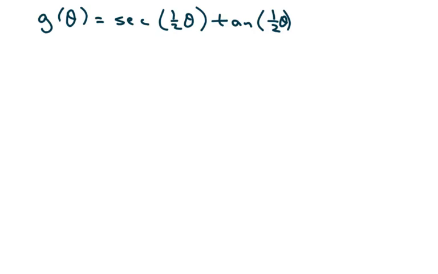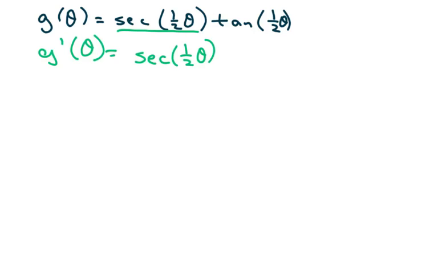This one looks a little hard, but it's not that bad. It just has fractions. We're going to take the derivative. Remember, your theta is like x, so treat it as a variable. The derivative of secant is, well, we're just going to write secant first. We're doing the product property. The derivative of tan is going to be secant squared.